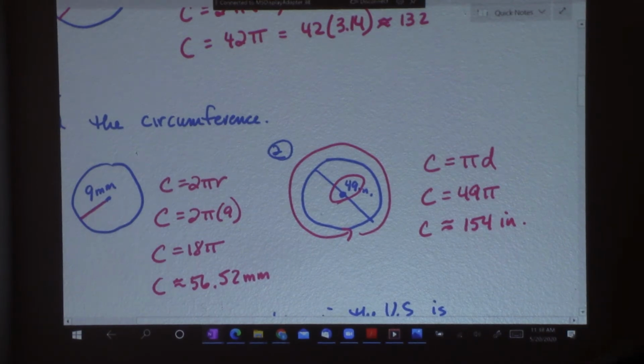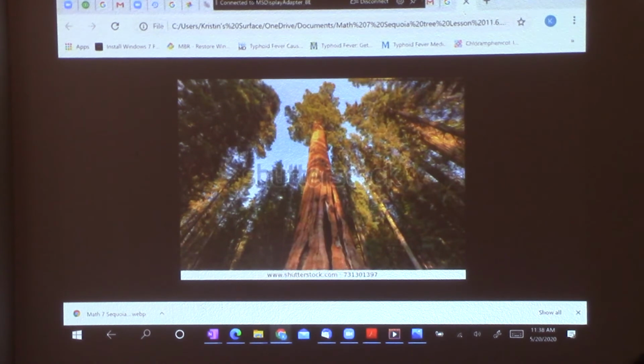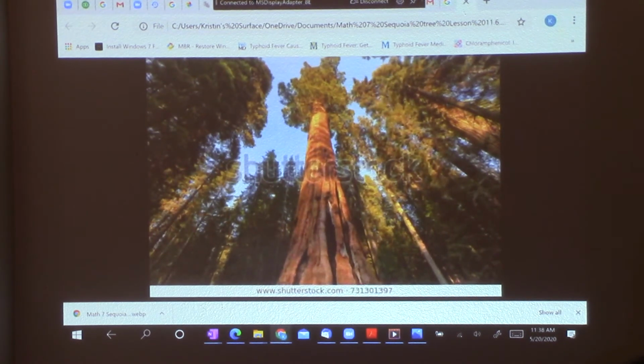Okay, now we're going to do a word problem. I'm going to read it out loud, and I want you to look at this picture. Isn't that pretty? It was taken by Shutterstock, so we can kind of see that in the middle, but that's all right. We can see how pretty that is. Have any of you ever been to the Sequoia National Forest?